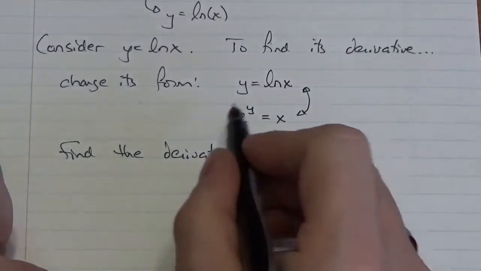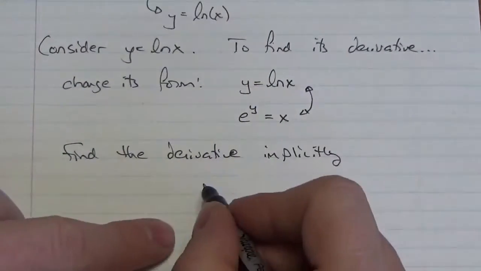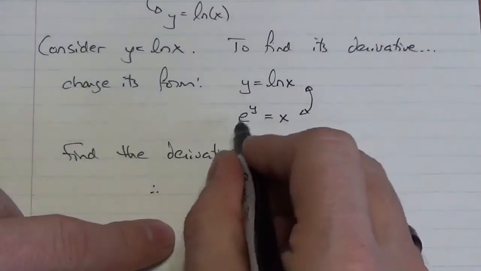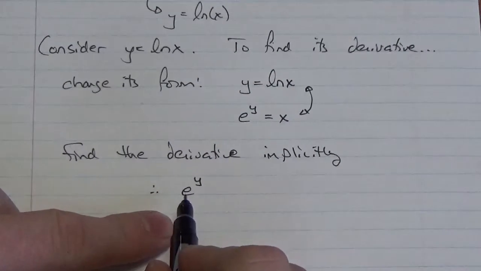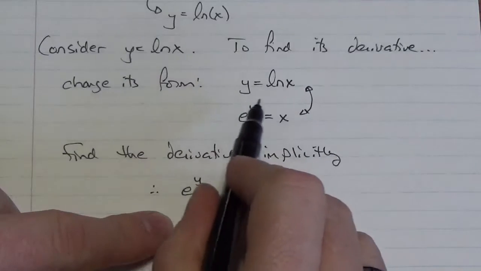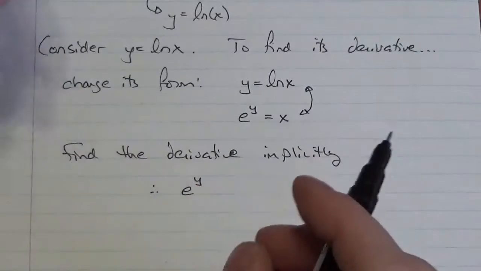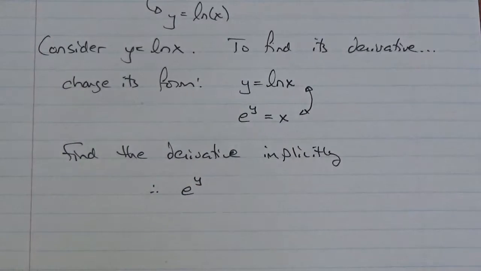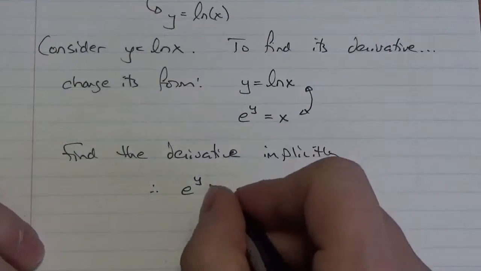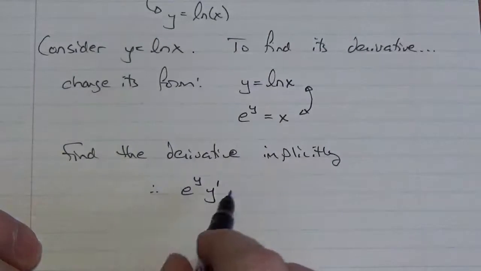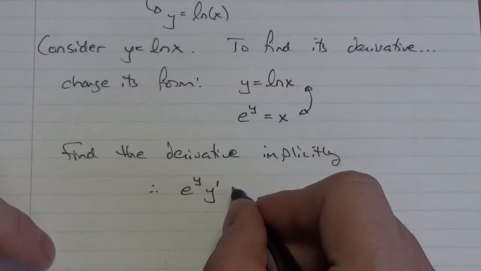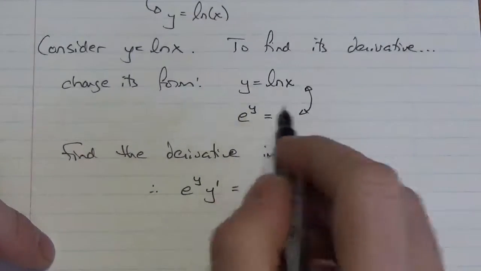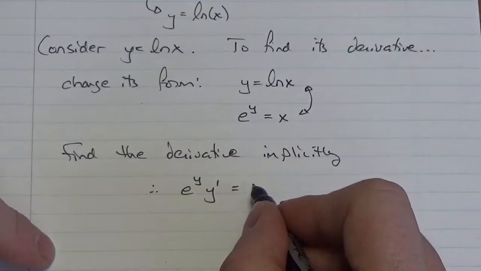So we start with e to the y is equal to x, and we know that the derivative of e to the y is going to be e to the y. But I have to take into account that the exponent y represents some unknown function of x. So using the chain rule, I have to include the y primed. On the right-hand side, the derivative of x is just 1.